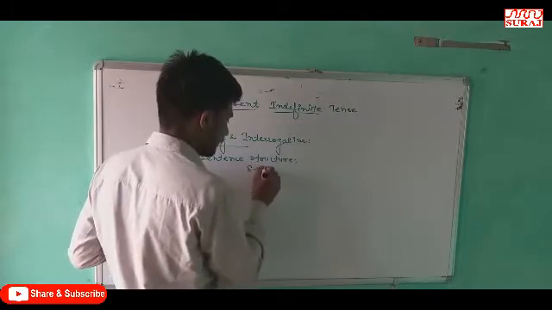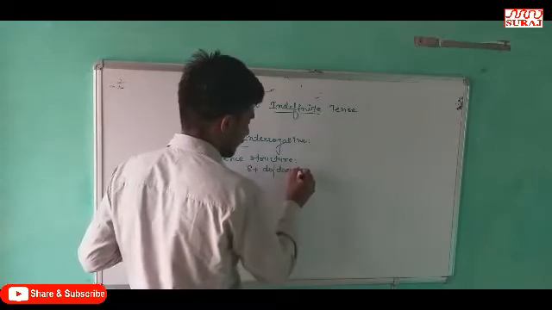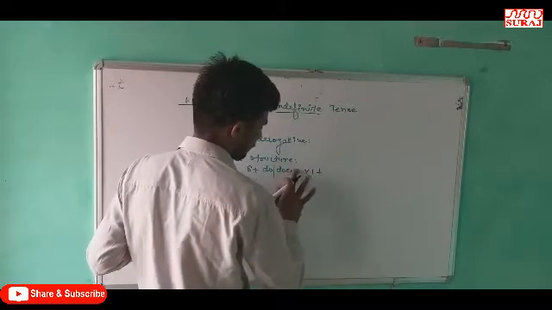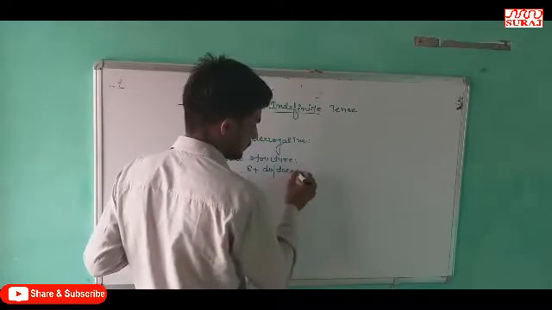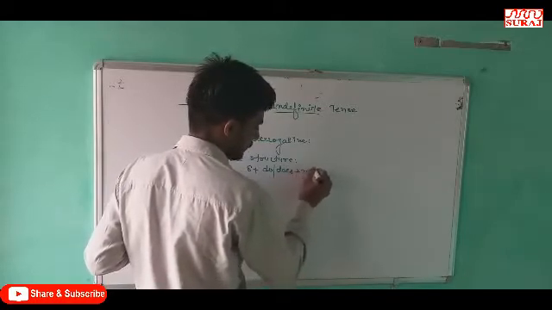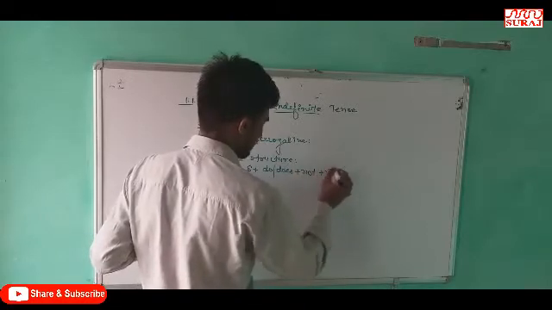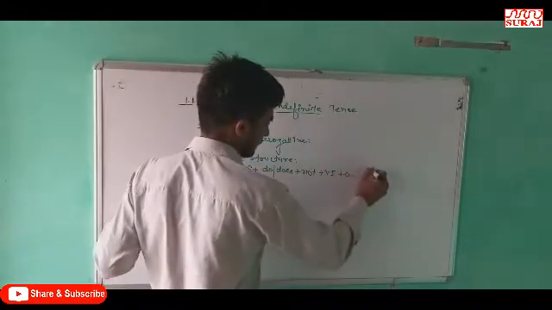Subject plus do or does plus not plus verb first plus object. This is the structure of negative sentence.